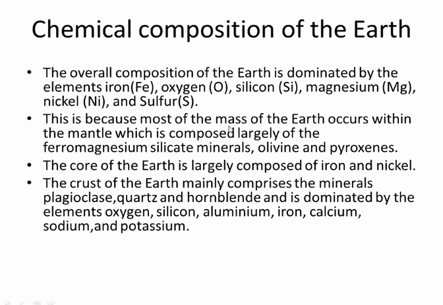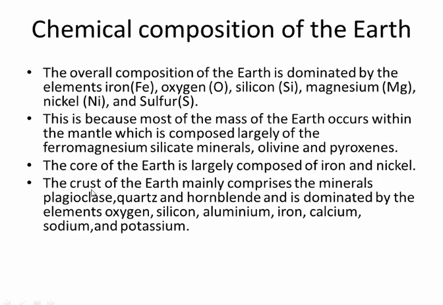This is because most of the mass of the earth occurs within the mantle, which is composed largely of magnesium silicate minerals, the olivine, as well as the pyroxene. The core of the earth is largely composed of iron and nickel.